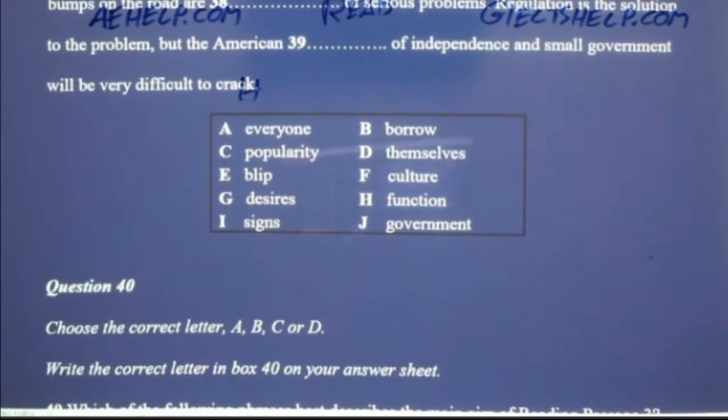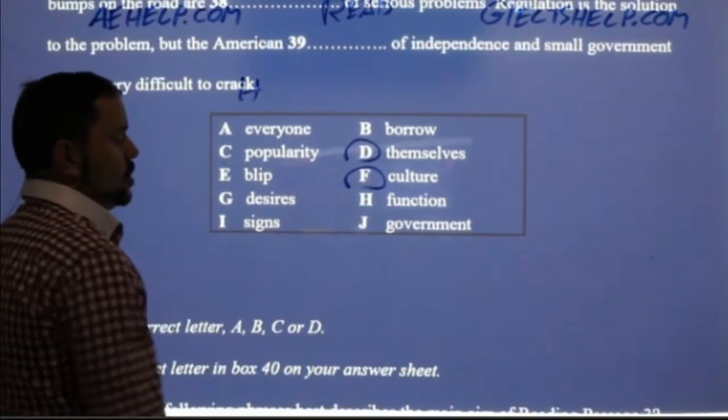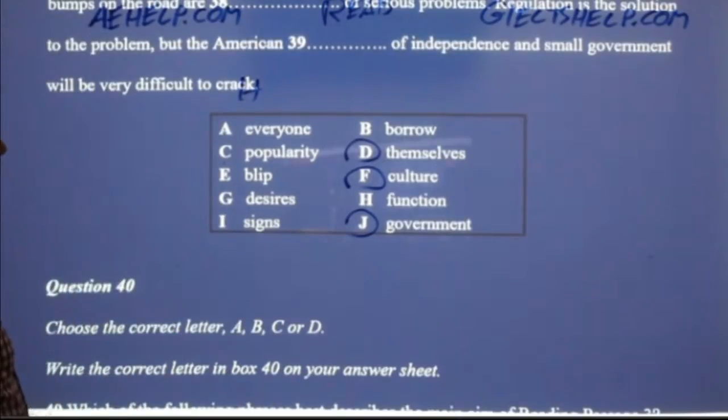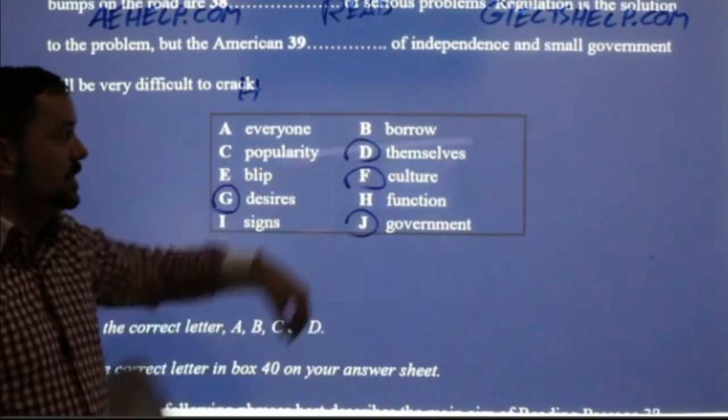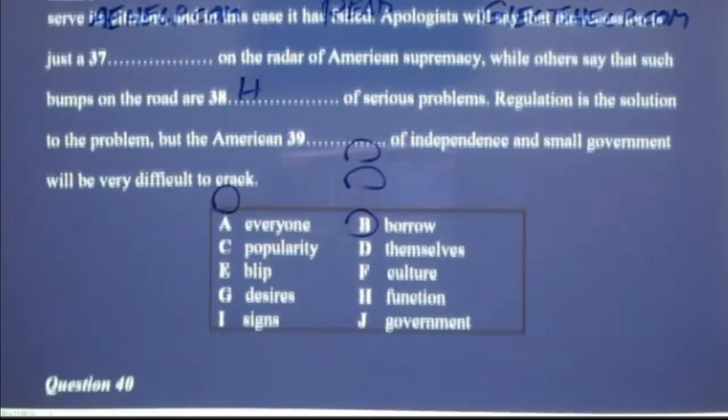So let's say it could be D, themselves, F, culture, J, government, or G, desires. You're not sure. Put them all in, try them all out.